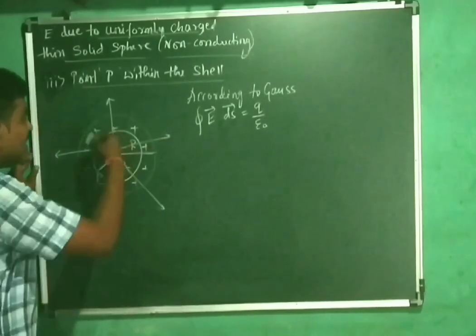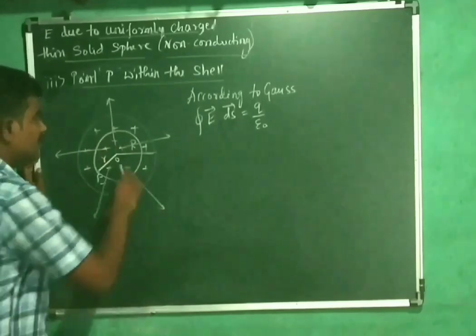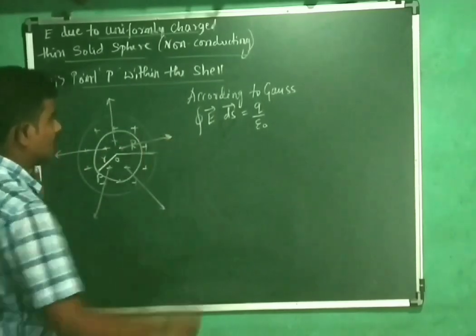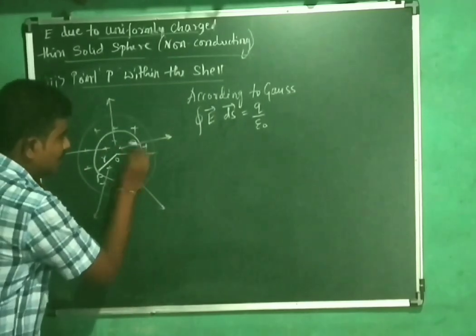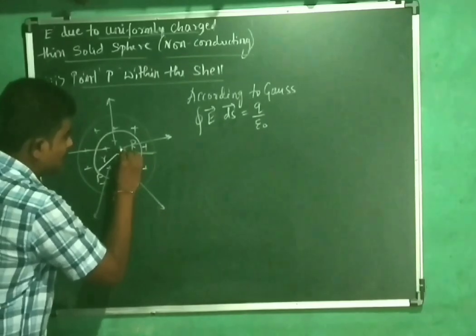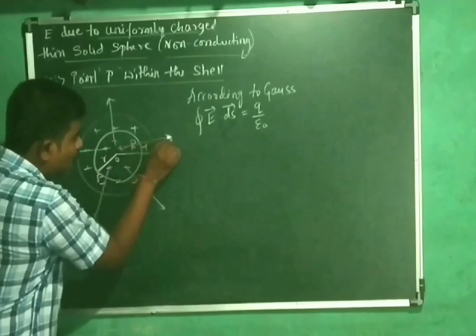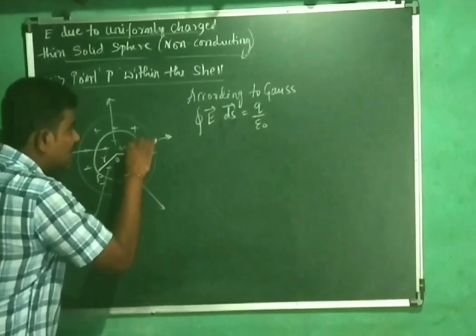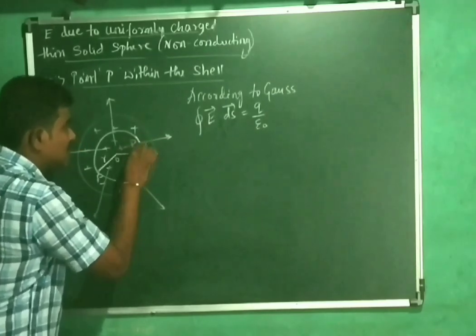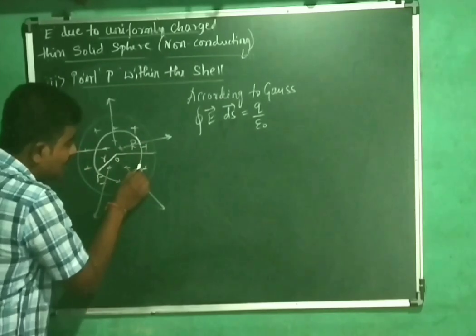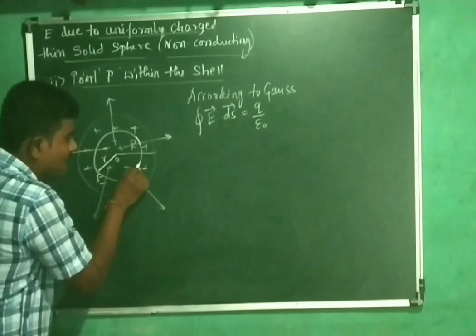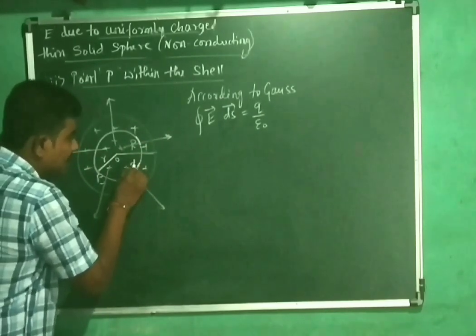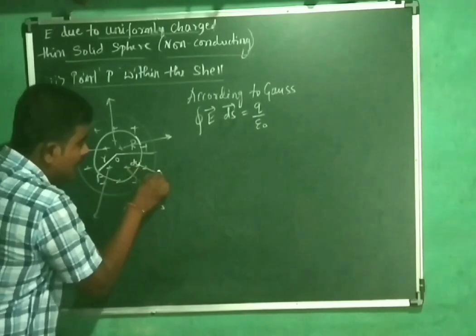If you choose any charge within the Gaussian surface, the direction will be outward. And you observe, my dear students, these positive charges have a direction outward, and this outward direction is exactly 90 degrees with the Gaussian surface. It means if I consider any small surface of the Gaussian, that is ds, the area vector will be perpendicular.